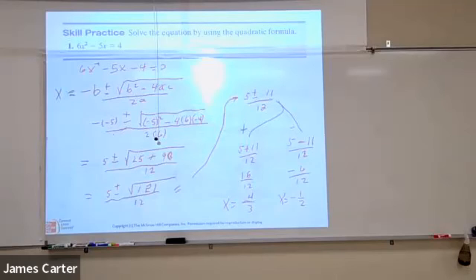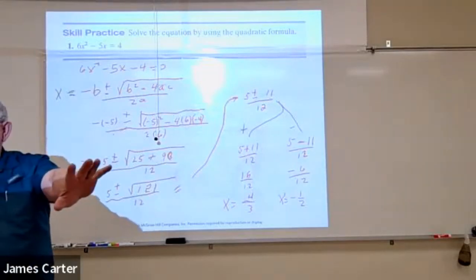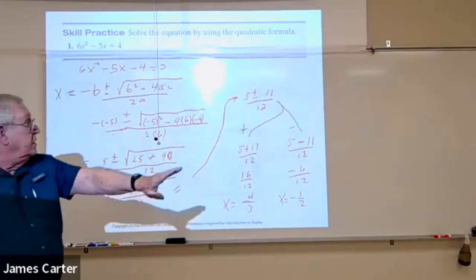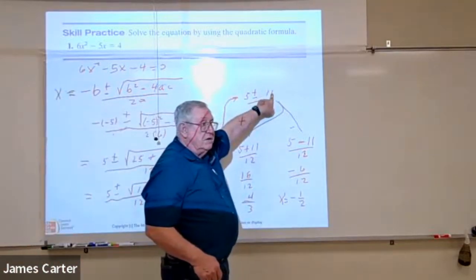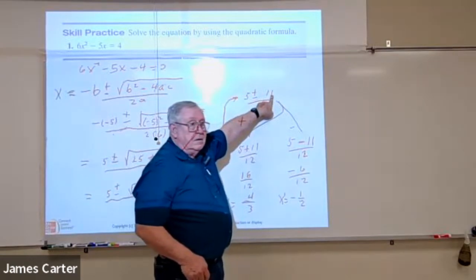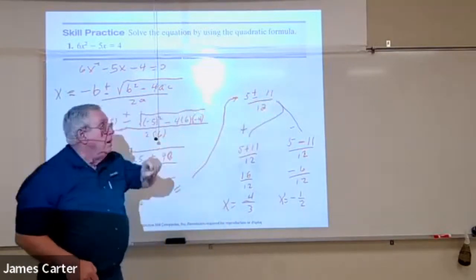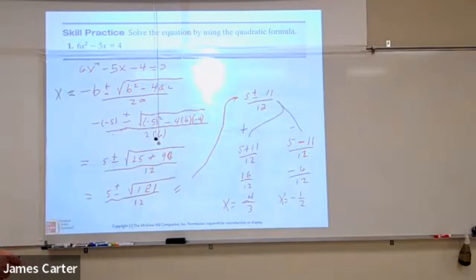We got the 5 and the 12 out here. 121, if you look at your exponent sheet that I told you to start getting used to learning and recognizing, is 11 squared. So now I've got 5 plus or minus 11 over 12.